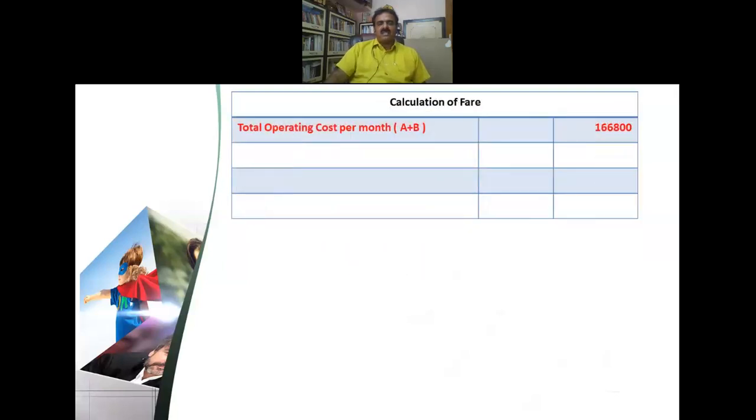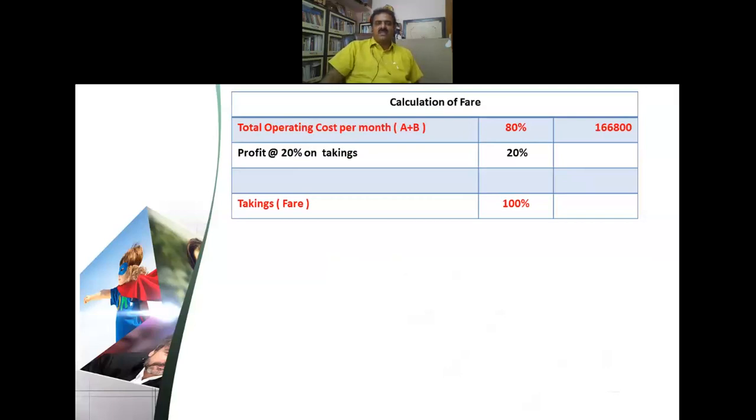So how to do the calculation of fare? As operating cost is 1,66,800 rupees, that is both A and B, the standing and variable, and as per the requirement, you need to have 20% on takings. If profit is 20% on takings, takings are always 100%. If takings are 100%, the remaining 80% will be your cost.